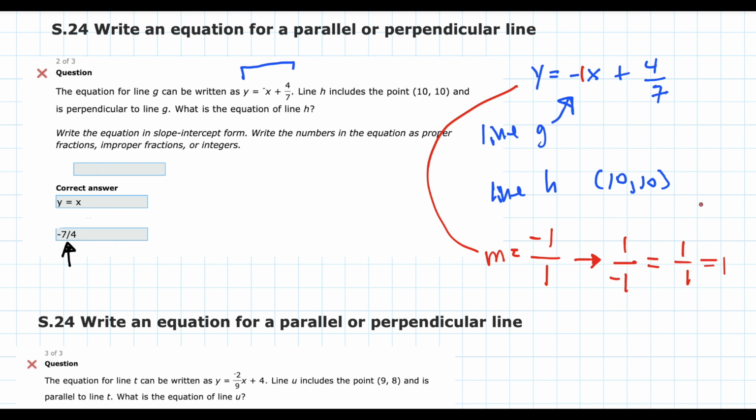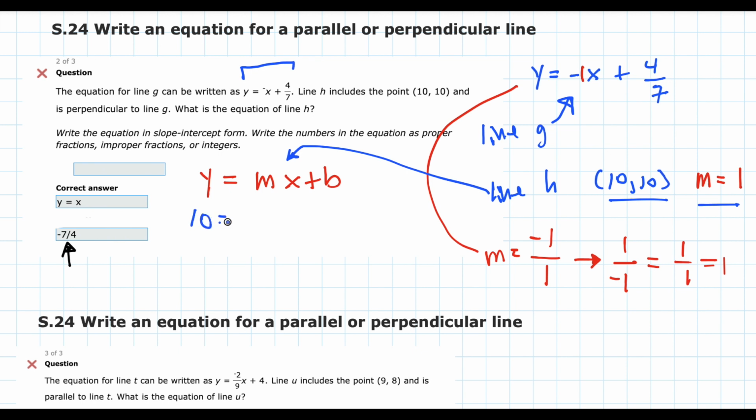So that means that the slope of the line that I want is 1, and the line that I want goes to this point. All right, so now I go y equals mx plus b. Now we're working on line H. Because line H goes to this point and it has a slope, 10 equals m times 10 plus b.